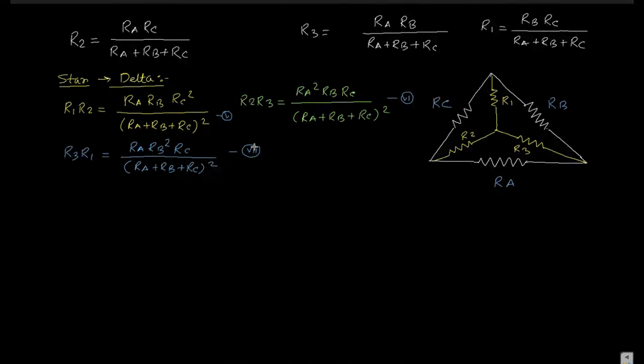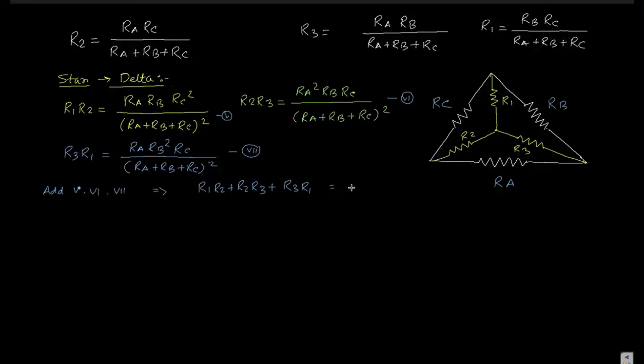Now what should you do? You add equations 5, 6 and 7. What do you get? R1 R2 plus R2 R3 plus R3 R1.